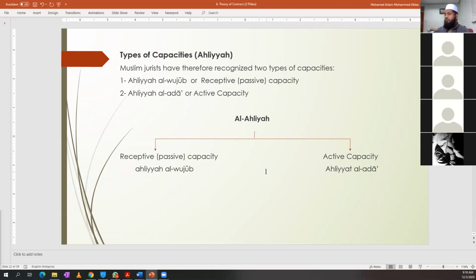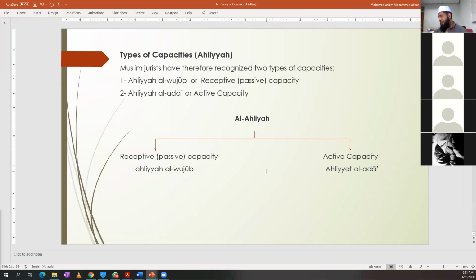Before I go into the slides, I want you to understand this, so please write it down. Each and every ahliya has two types. For example, receptive capacity, ahliya al-wujub, has two types. One is incomplete, the other one is complete, which means incomplete receptive, then complete receptive.